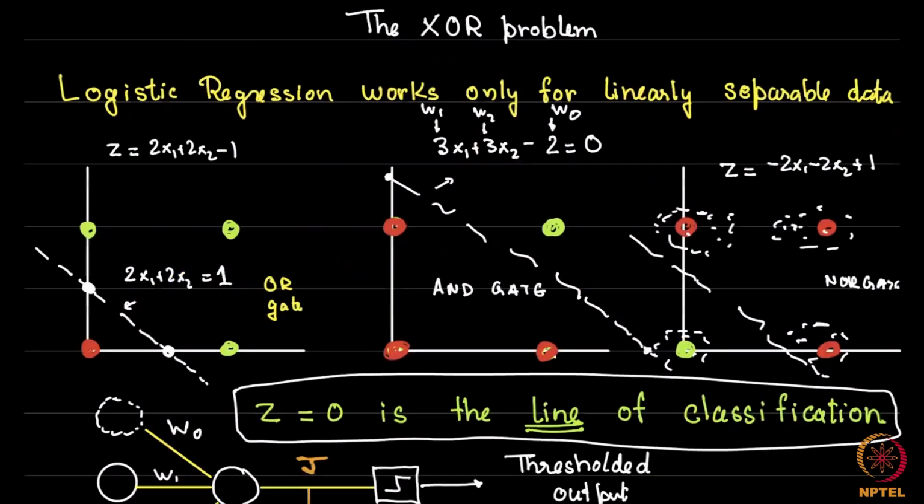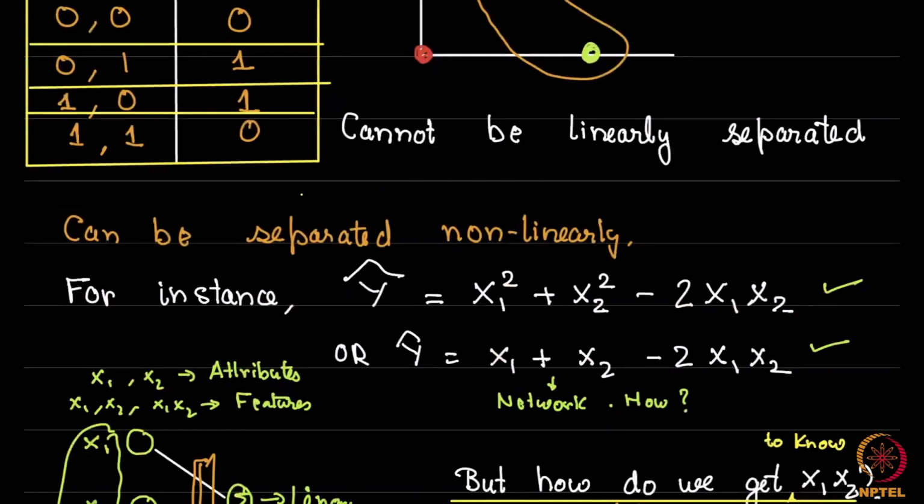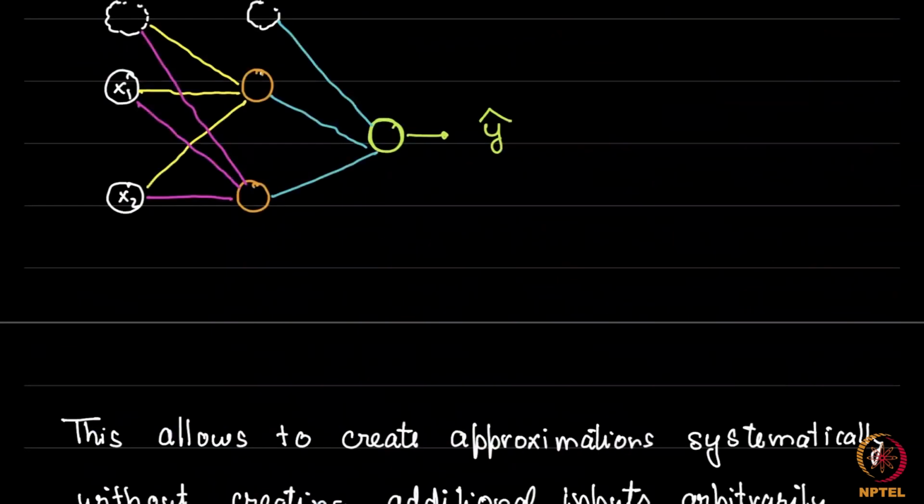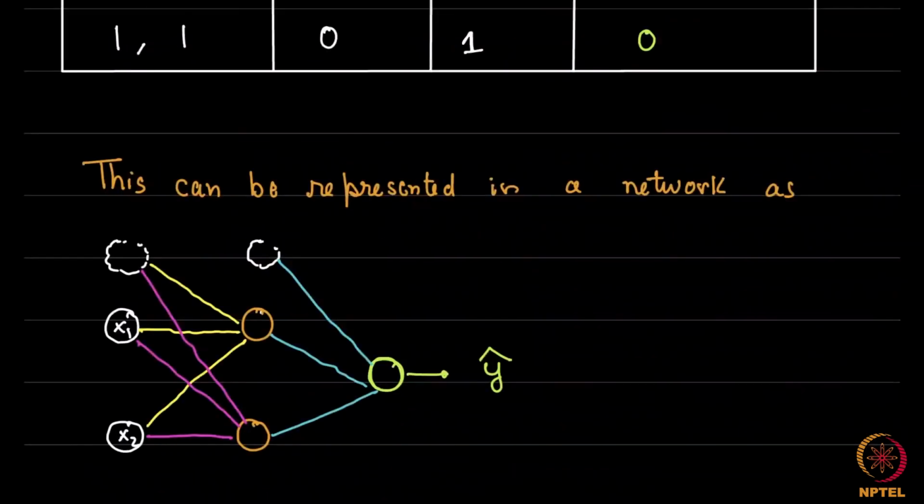The NOR weights were W0 is 1, W1 is -2, and W2 is -2. So you can just write those weights here.